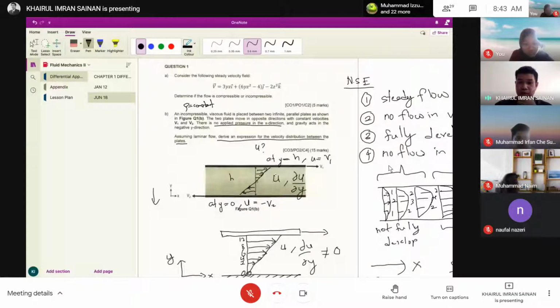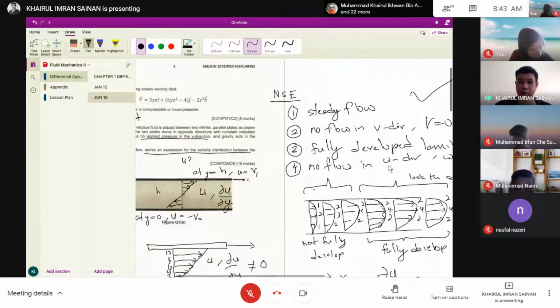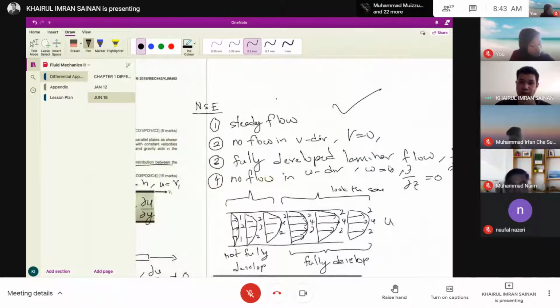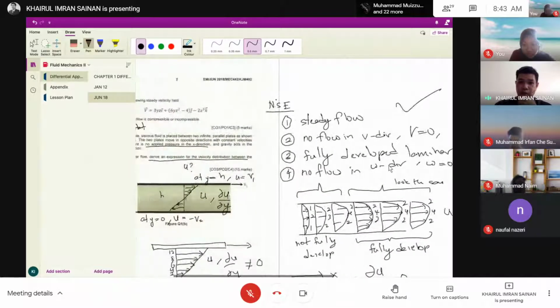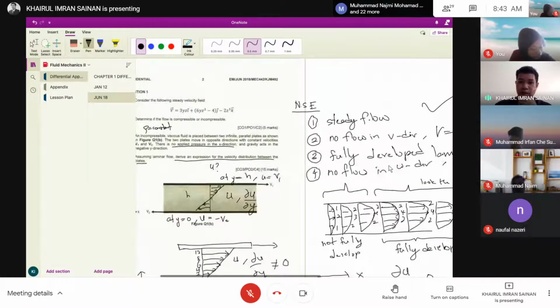After we establish the u component and the change of u towards y, next what we do is we want to apply assumptions, right? So assumption number 1 should be steady flow. Okay. Meaning it does not change with time, right? Yeah, this profile will always look the same at any given time, right?